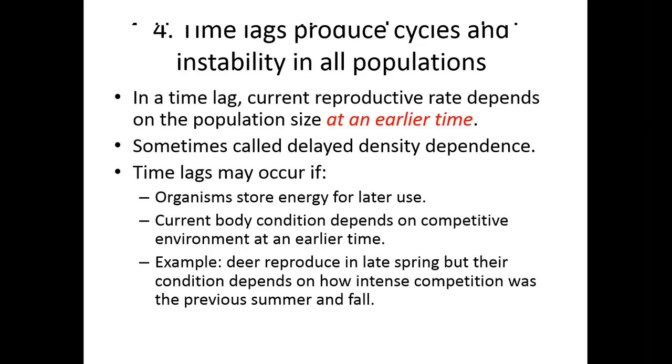And time lags are difficult to get your head around. So let's take a minute to try to figure this out. In the population growth equation, we have dN/dt equals r times N, right?